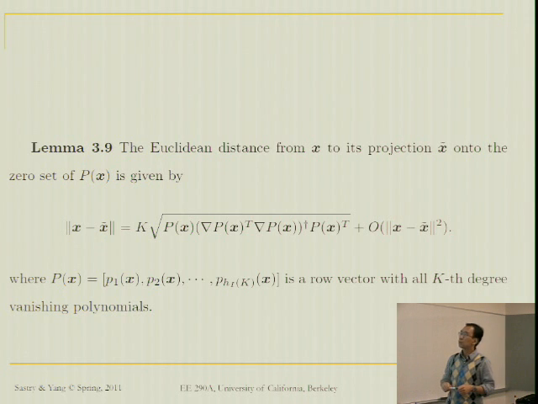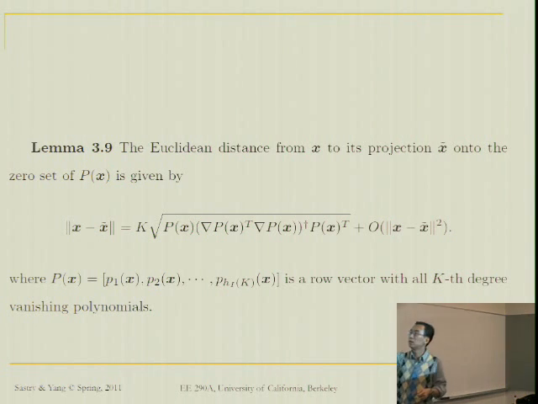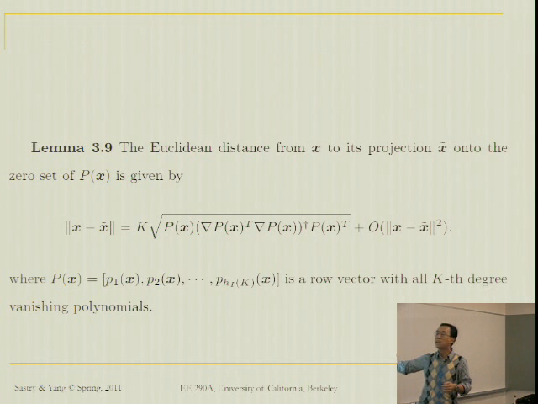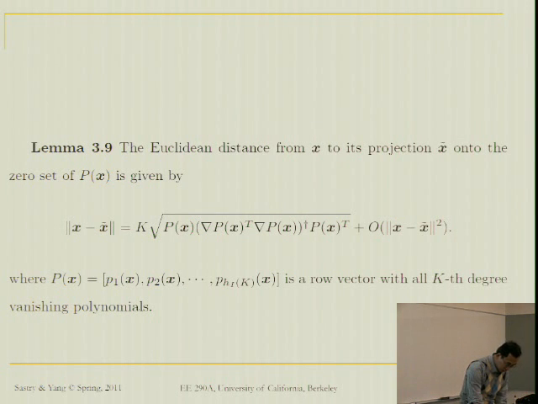This is an approximation of the geometric distance of the projection from x, that is the observation, to x tilde, that is the projection, based on p, that's the polynomials. And the polynomials is the list of all the linearly independent vanishing polynomials from the Veronese embedding. Okay? So next we are going to prove this lemma. I think this is the second important result of this lecture.